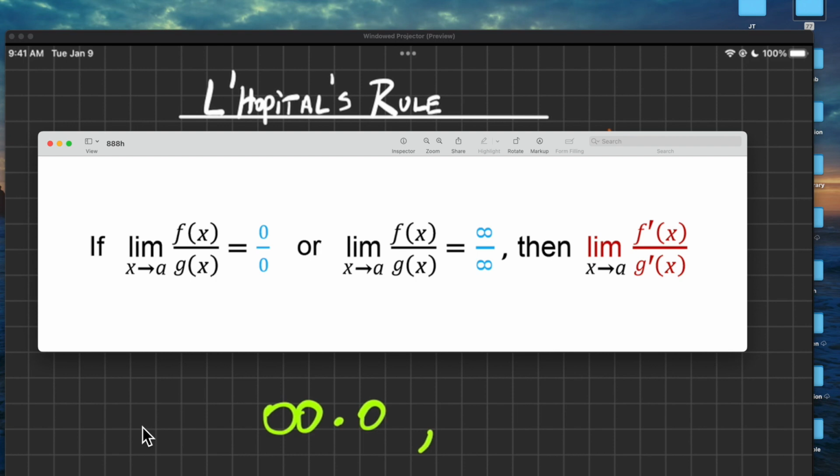Or you might get infinity minus infinity, or infinity to the 0 power. All of these are indeterminate, but as is, are not amenable to using L'Hopital's rule. They are not L'Hopital's rule friendly.